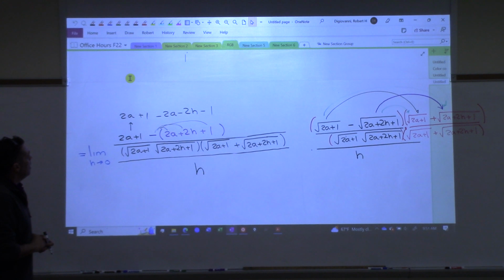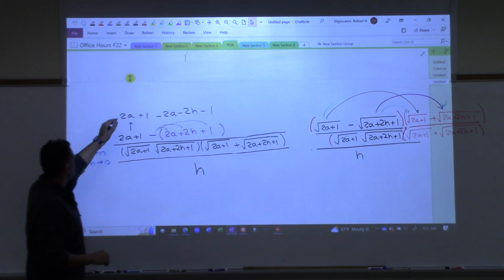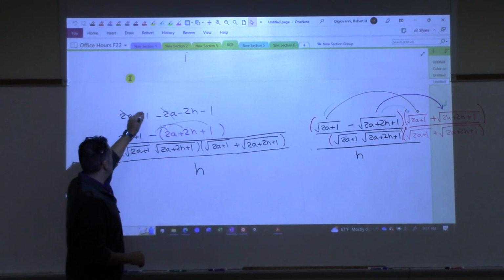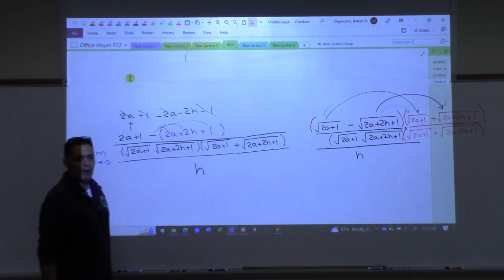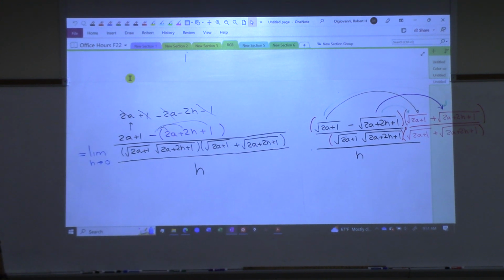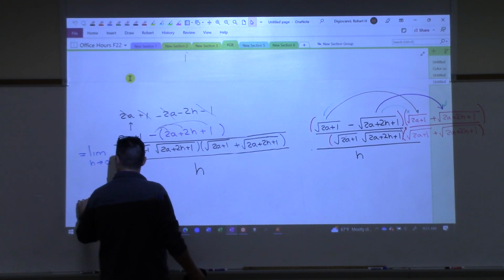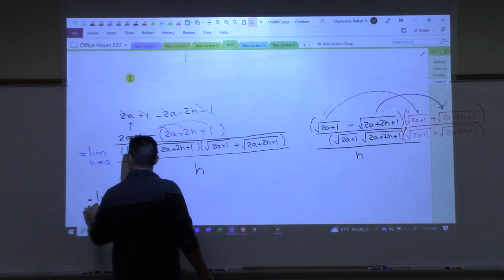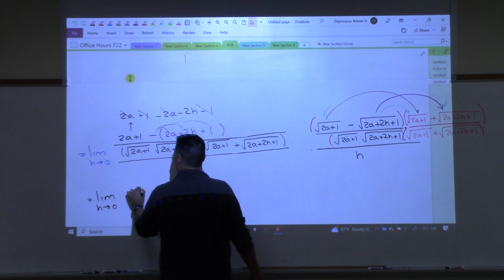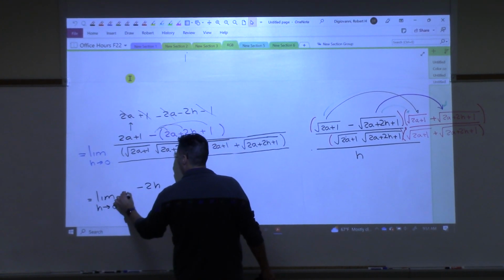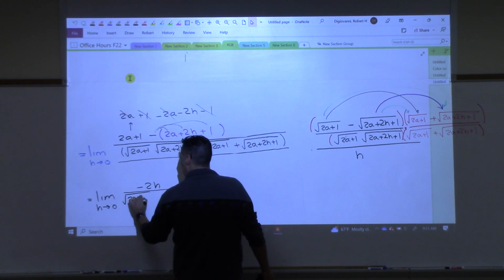What do I get to go away here? 2a goes away. The 1's go away. And all I'm left with on top is a negative 2h. So this becomes the limit as h goes to 0. I have a negative 2h on top. I have this big, nasty, ugly looking thing here.